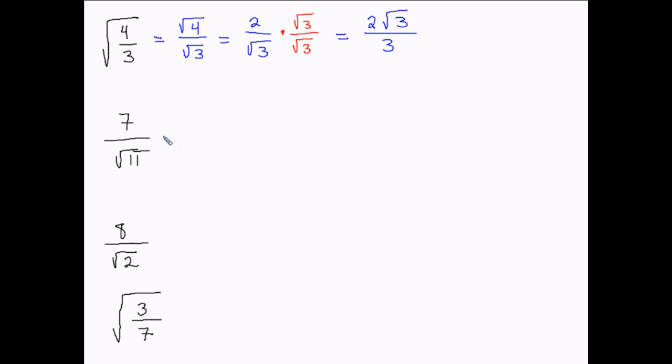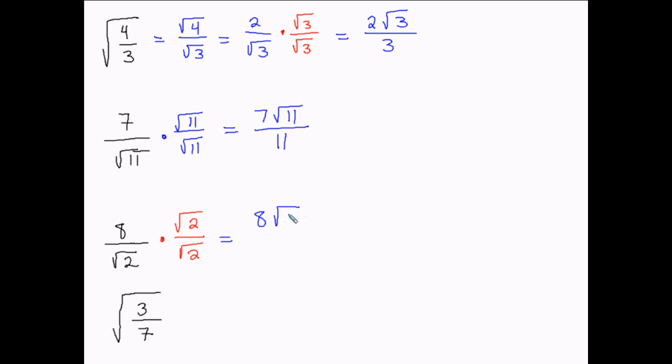7 over the square root of 11. Multiply them both by the square root of 11. Nothing will reduce, so that one's done. 8 over the square root of 2, I'm going to multiply by the square root of 2 over the square root of 2.